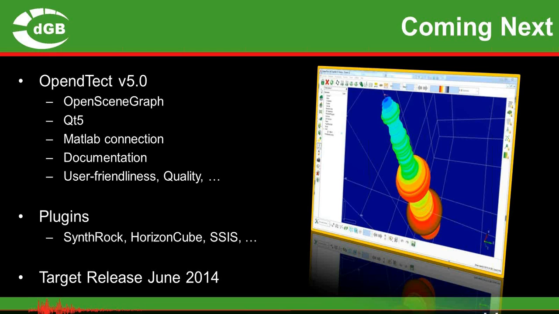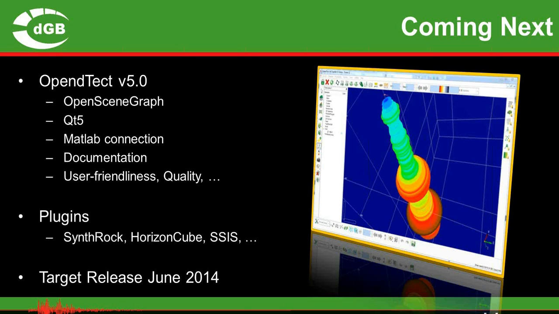So OpenSceneGraph is the new graphics library of choice, and we will have new interactions and new functionalities, but basically OpenSceneGraph is primarily chosen because it is making OpendTect ready for the future.